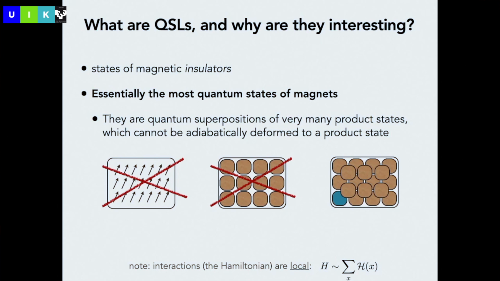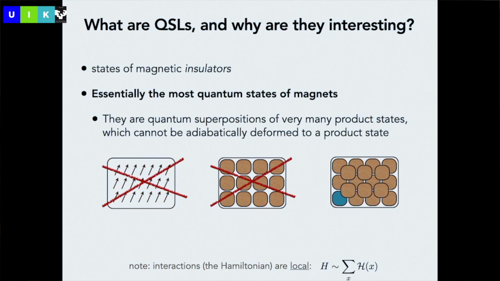Okay, so the best is to start with pictures. So a classical state, which is typically the state of magnets that everyone will have seen, even if you don't work on magnets, in a statistical physics class, is a state where you have spins that can be described as arrows and they point in some direction. Okay, and this is a very simple case where all the spins are aligned, but you could have a lot more complicated and in fact very interesting states where you might have skyrmions, antiferromagnets, all sorts of interesting things.